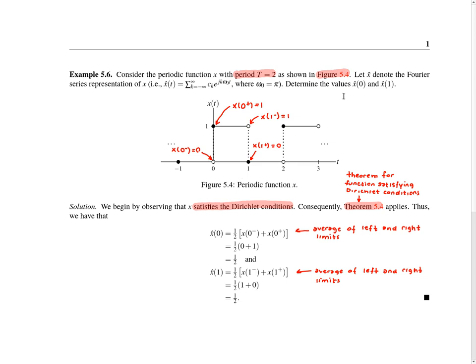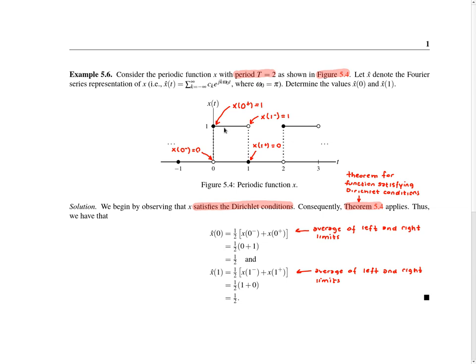So if we want to evaluate the function at the point t equal to 0, so this point here, we observe that at t equal to 0, this function has a discontinuity. So the convergence result that relates to the Dirichlet conditions says at points of discontinuity of the original function, the Fourier series will converge to the average of the left and right limit at that point of discontinuity. So if we look at the graph here, as we're approaching this point of discontinuity t equal to 0 from the left, the value that we see is 0.